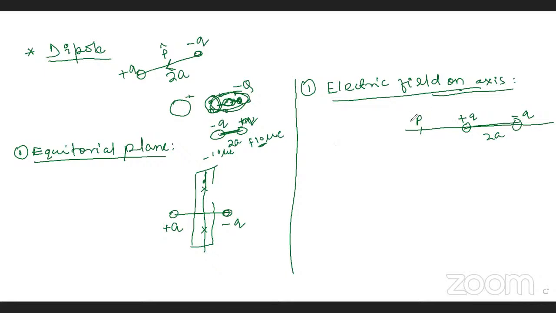We'll find the electric field here at point P. Let's say the center of the dipole is O, and this point P is at a distance R from the center O. So can you say what will be the distance from plus Q to P? From the midpoint, this distance will be a, and this distance will be a.